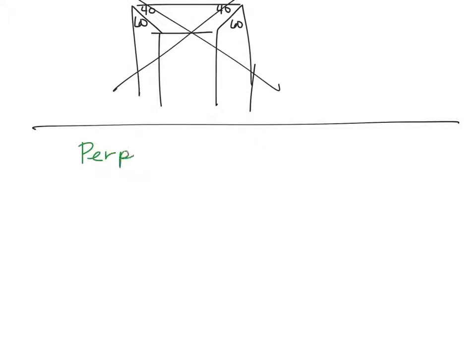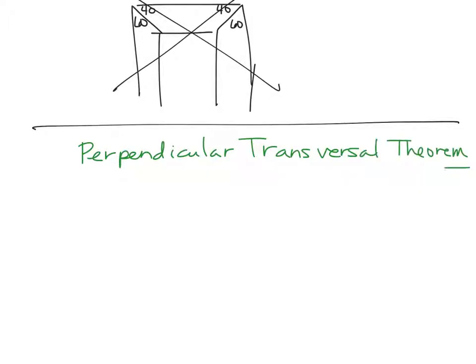Last theorem is the perpendicular transversal theorem. This one again, key phrase, it has to be in a plane, and I'll actually show you on this one why it doesn't work if it's not in a plane.